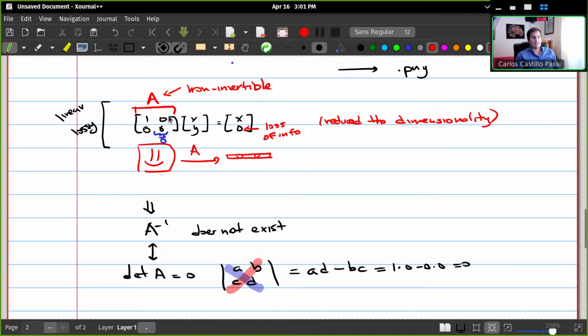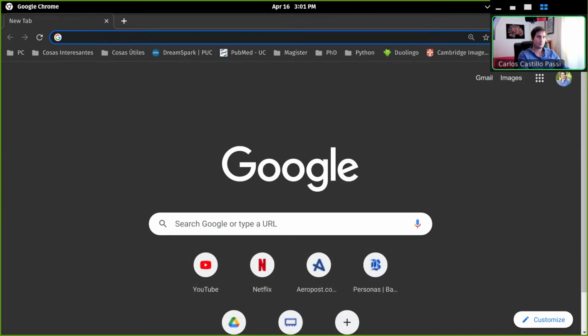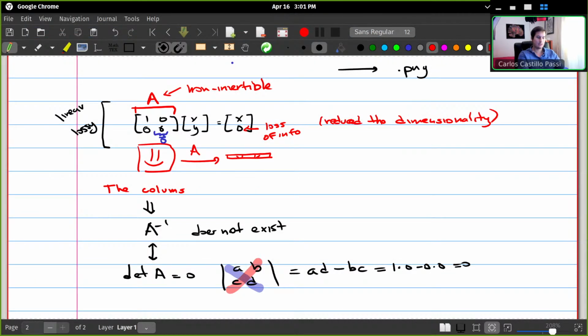The reason that the A matrix has no inverse is that the columns are linearly dependent.